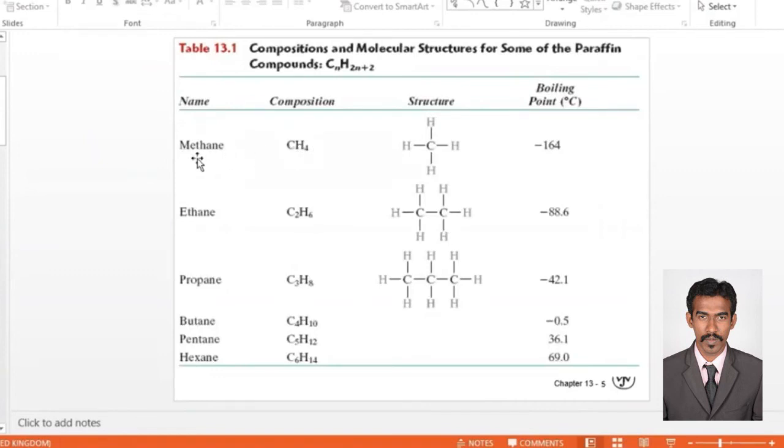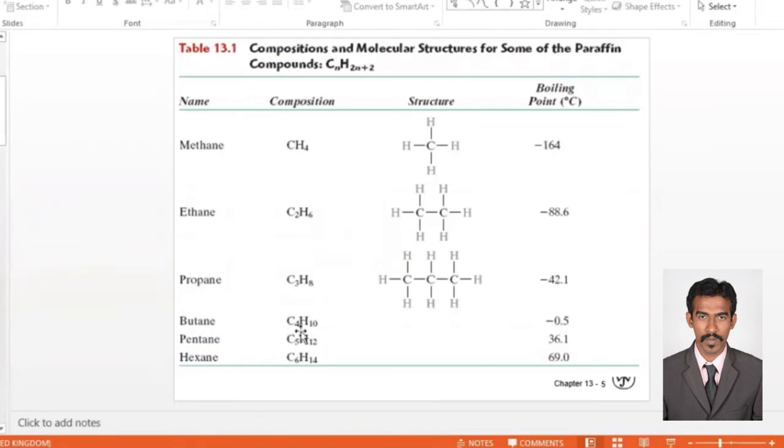CH4 is methane. This is the structure, and the boiling point is minus 184 degrees Celsius. Then ethane, C2H6, with boiling point minus 88. Propane, C3H8, boils at minus 42 degrees Celsius.